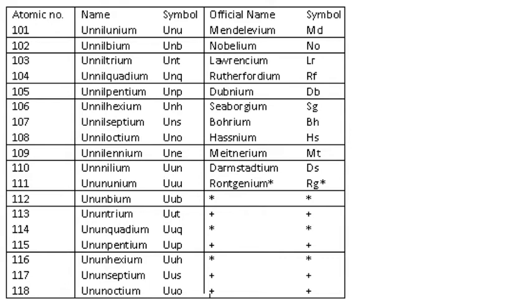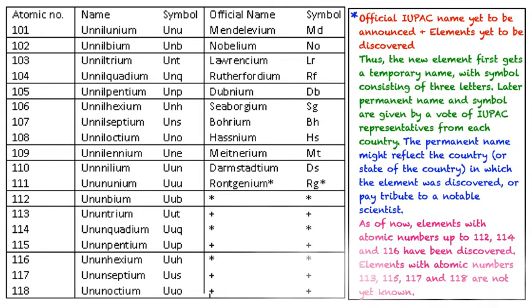For 103, 1 is un, 0 is nil, and 3 is tri, again ium is added; note that the double i is written as a single i. In this way we can write the names of all these elements.